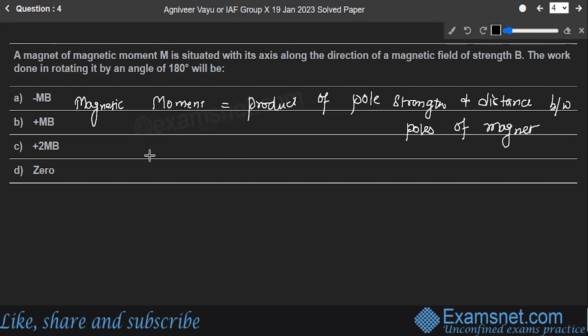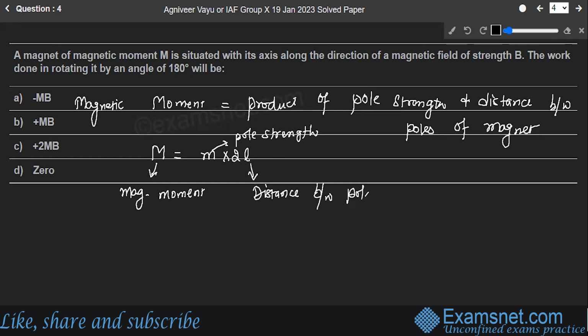Correct? So that means it is given by M is equal to m into 2L, where 2L is actually the distance between the poles of the magnet. This is your magnetic moment. This is your pole strength. And this is the distance between the poles of the magnet.